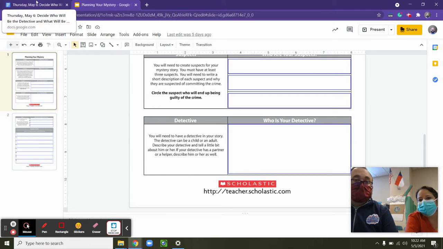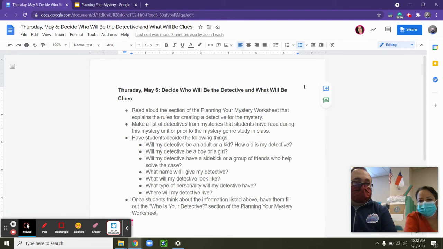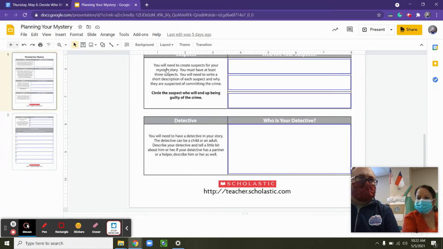Remember that when we're talking about our detectives, like yesterday, we focused on the bell work where we discussed character traits, and we've been really focusing hard this year on internal and external. We need you to add two internal and two external traits to the section here that says who is your detective.